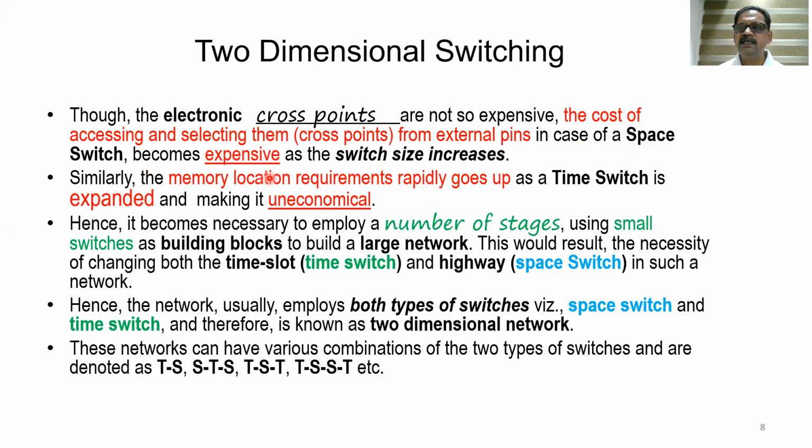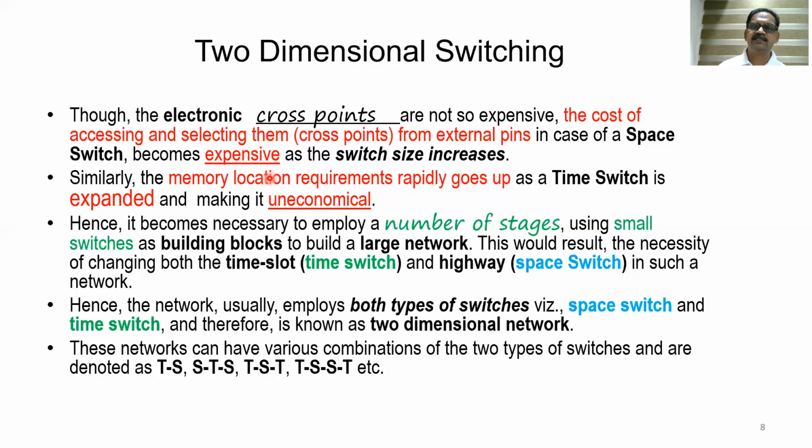As switch size increases, though the electronic cross points are cheaper, the cost involved in accessing the cross points from the external pins in case of space switching becomes prohibitively costly. Accessing the cross points is the main drawback for expanding or increasing the size of space switch.